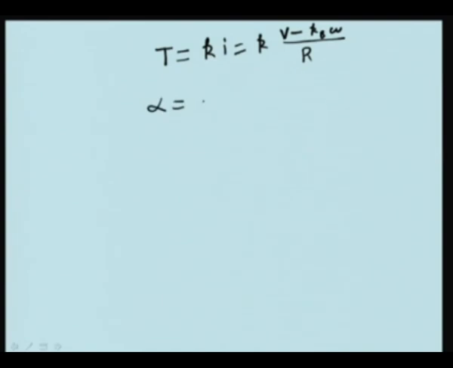minus k omega. If you get that, it means its angular acceleration keeps decreasing as the omega increases.